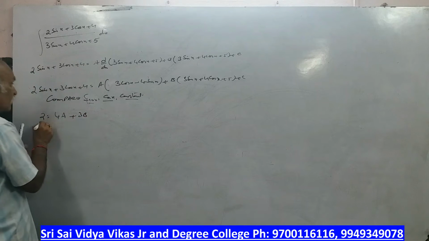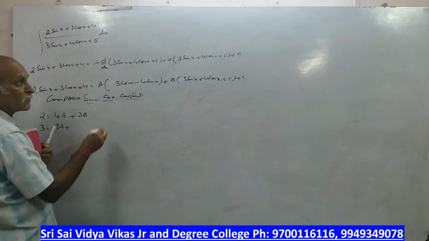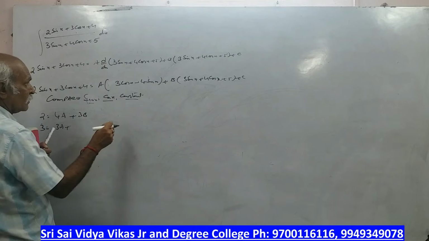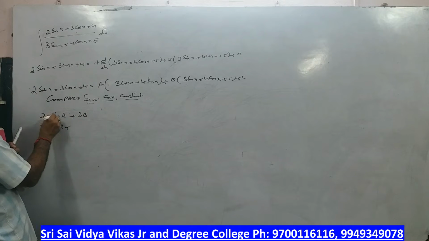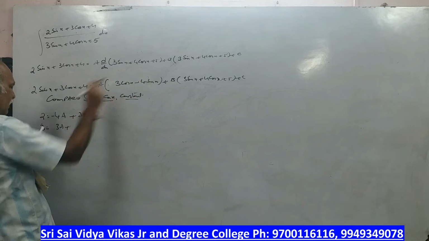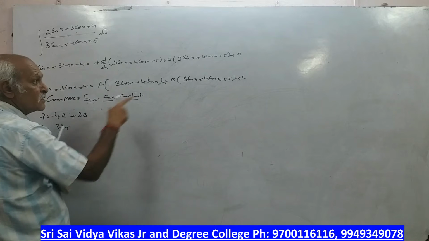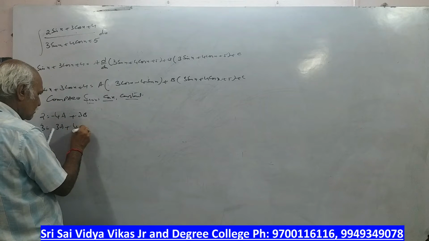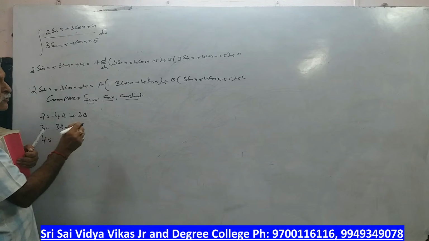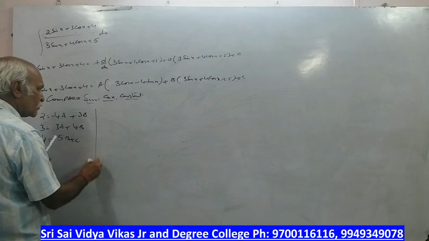Next, cos x is 3; here cos x is 3a plus 4b. And what is the constant? Here 4; here the constant is 5b plus c. Right, now solve.